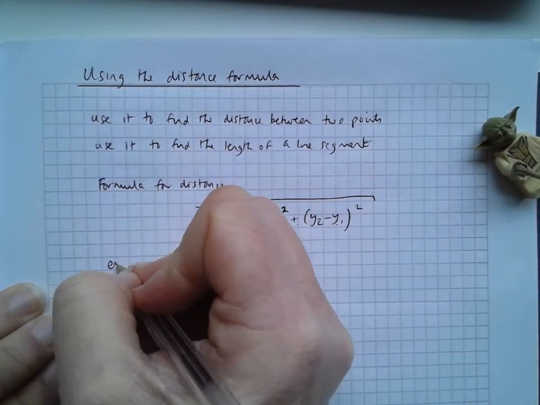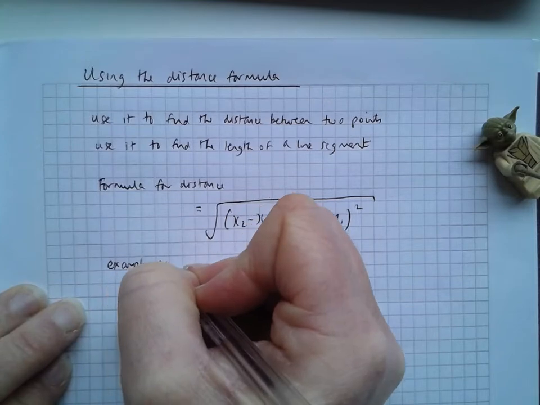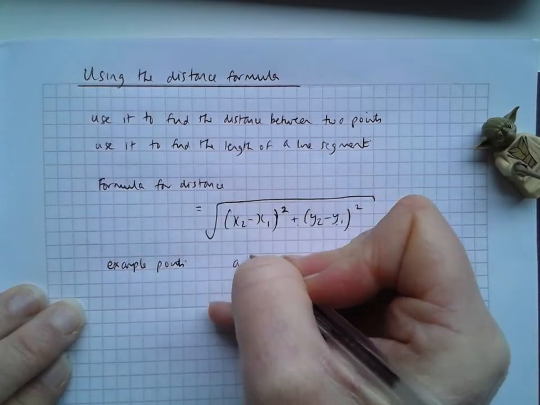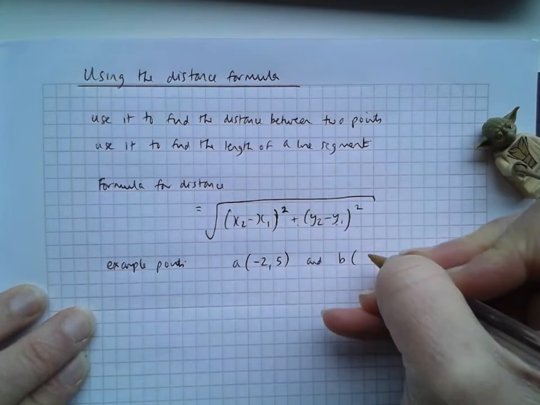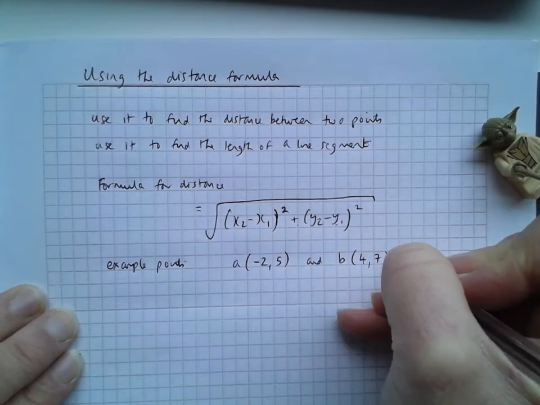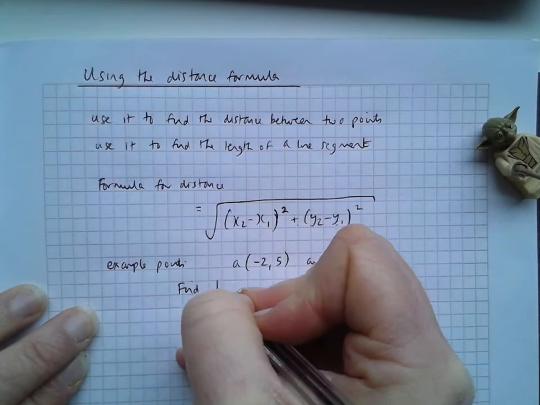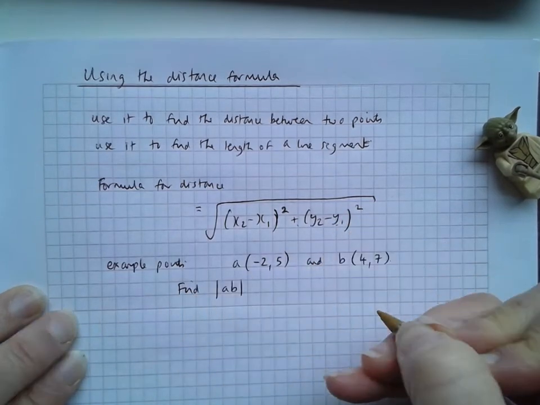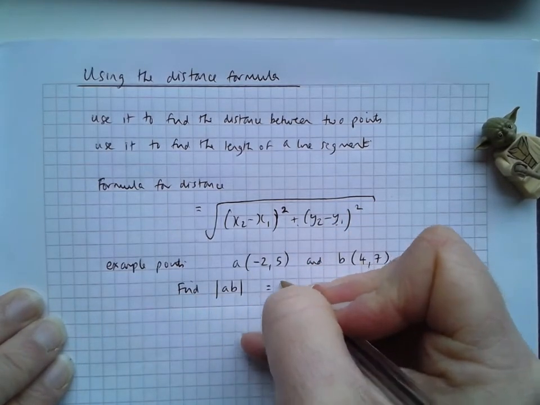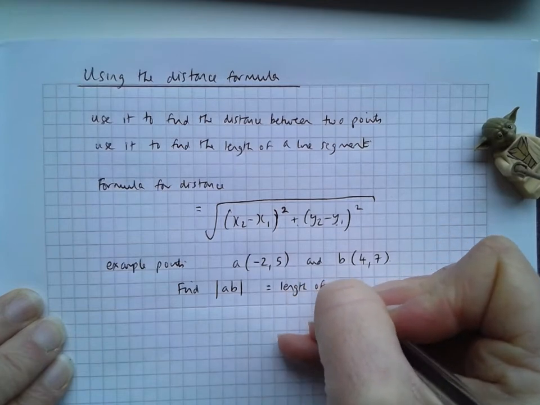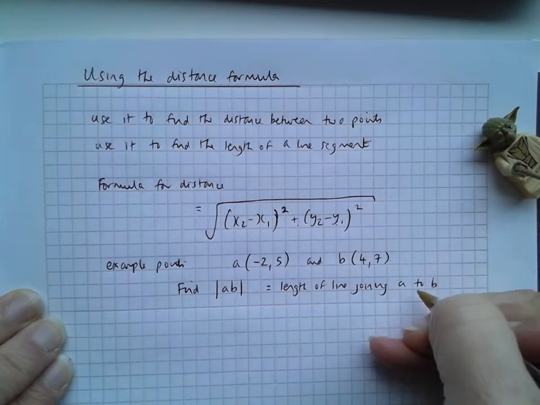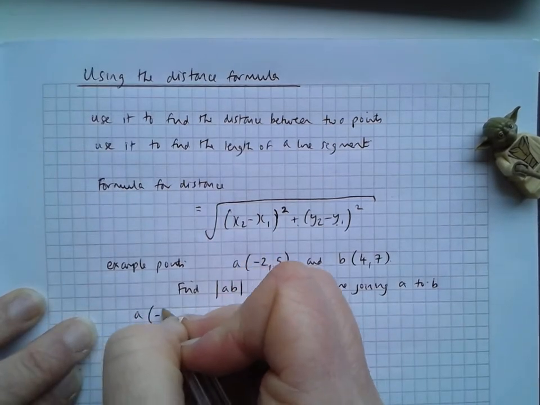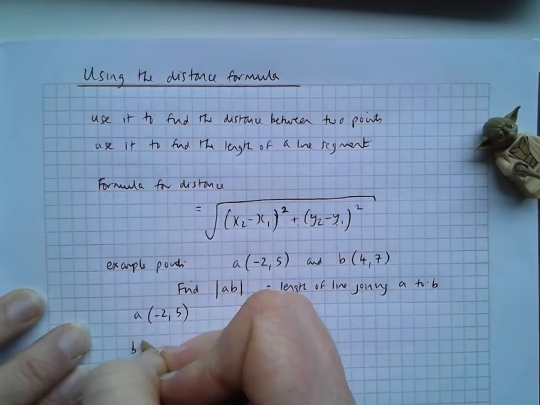So let's take the example of some points. You might be told A is the point minus 2, 5, and B is the point 4, 7. And you might be asked to find the length of AB. Now what that means is find the length of the line joining A to B. So here's my point A, minus 2, 5, and my point B, 4, 7.